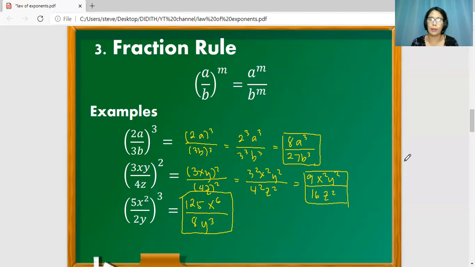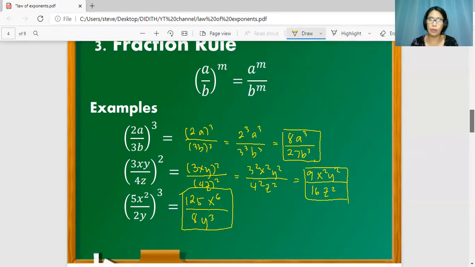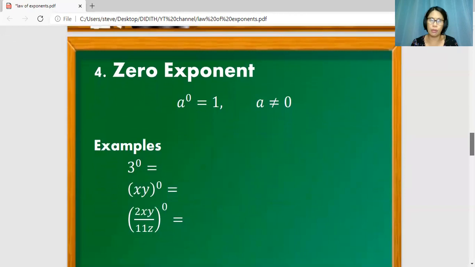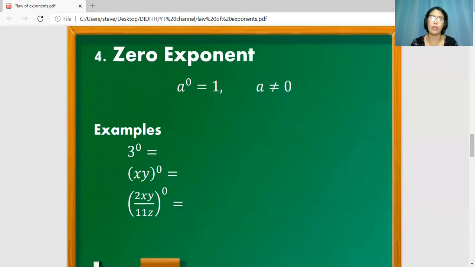The next rule or law is the zero exponent. Now, in here, an expression raised to the zero, class, equals 1. And we limit a to not equal to 0. Okay? Otherwise, that will be undefined.